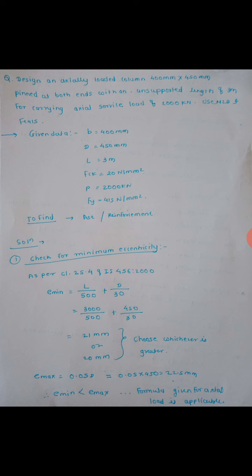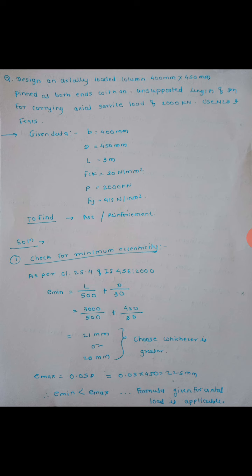The given data: width of the section is 400 mm, depth of the section is 450 mm, unsupported length is 3 meters, fck is 20 Newton per mm square, force is 2000 kilonewton, and fy is 415 Newton per mm square. We have to find the area of steel reinforcement. Solution.